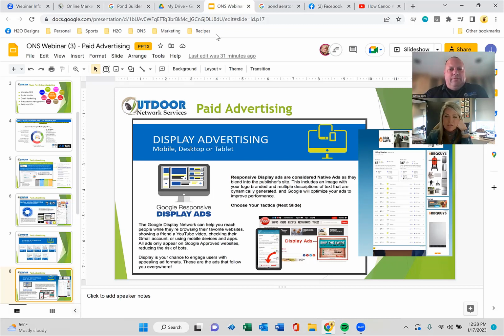Yeah, because you have to understand with display ads, you're searching for something in the moment and you've seen this ad, so a lot of that is repetition. The more times you see a brand, the more it's going to stick with you. It's just like following up with your landscape clients. They might call and get a quote from you in September, and then you don't hear anything back from them.